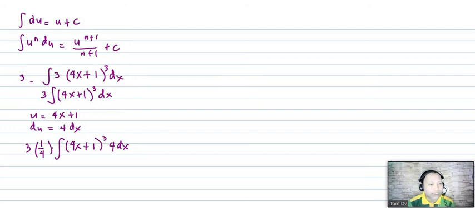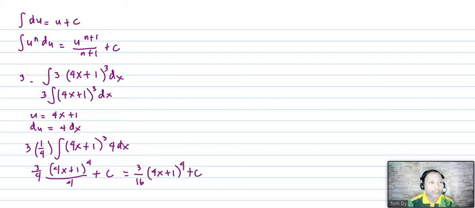So that 3 over 4, that is 3 times 1 over 4, and then this one, you have here (4x plus 1) raised to 3 plus 1, that is 4 over 4 plus c. That is equivalent to 3 times 4 times 4, 16. So 3 over 16 times (4x plus 1) raised to 4 plus c. That will be our final answer.